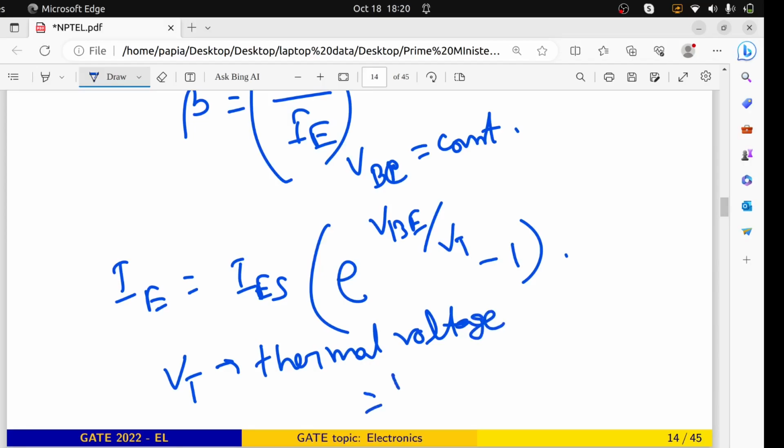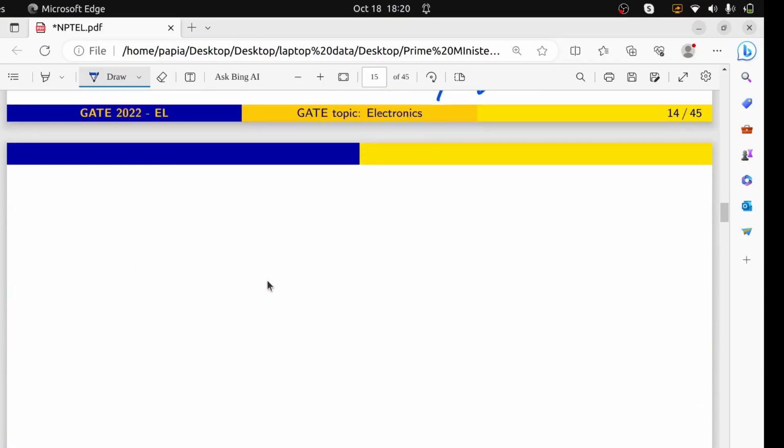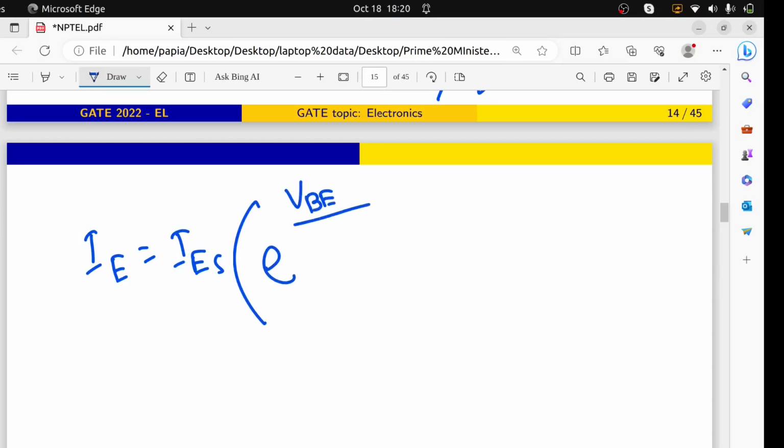And it can also be written as KB T divided by Q. Now you can see that there is temperature in VT. Now if I put the value of VT here, IE will be IES e to the power VBE divided by KB into T, and there is Q, then minus 1. Now you can see here that IE depends on temperature.